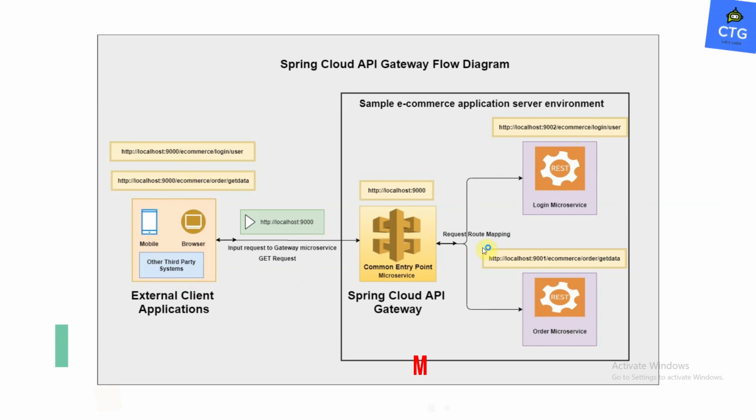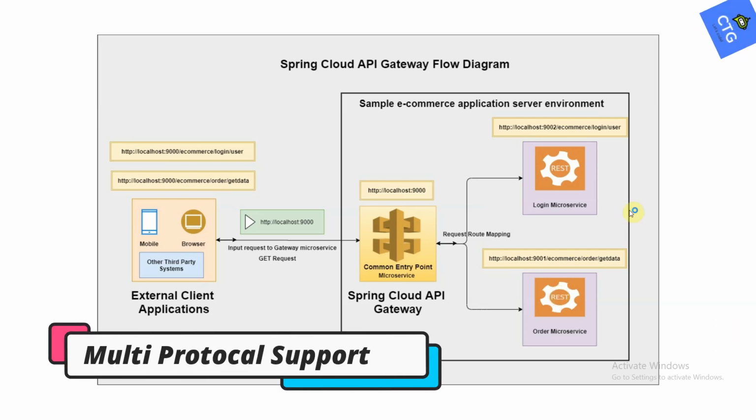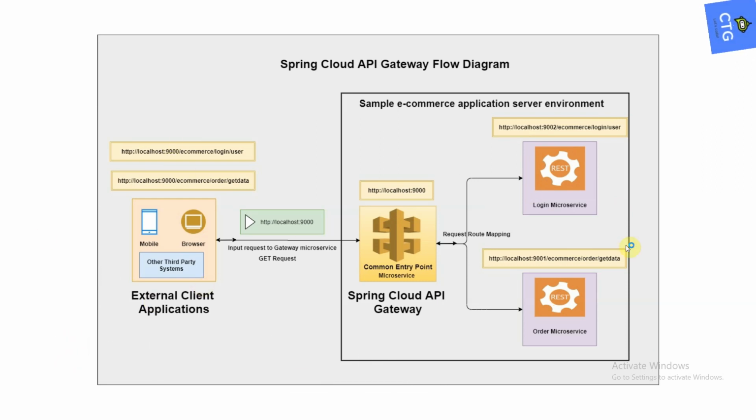Another advantage: for example, this login microservice is built upon RESTful API, and the order microservice is built upon another protocol, for example SOAP. We can't expose each and every protocol to the client applications. What we can do is build a common entry point, and in that entry point we can create a RESTful API endpoint that communicates with the external application.